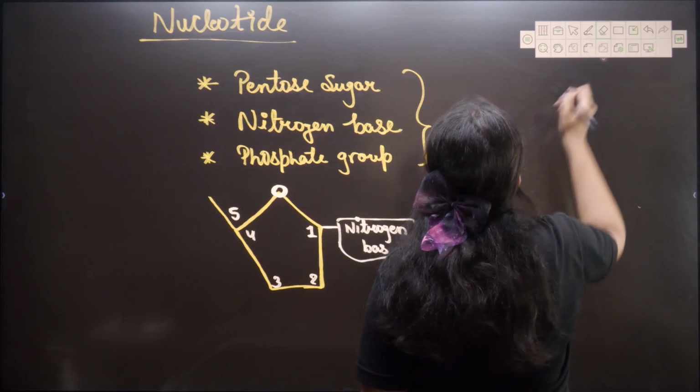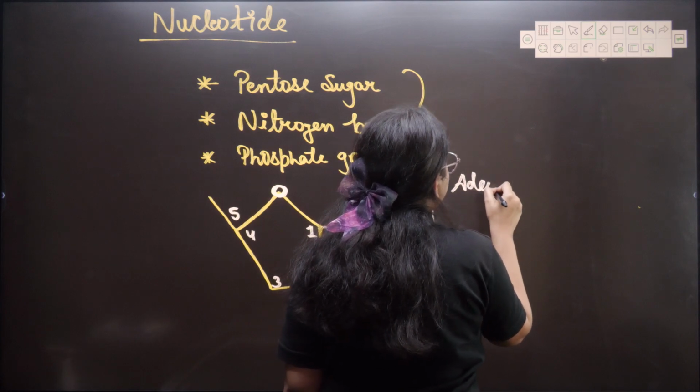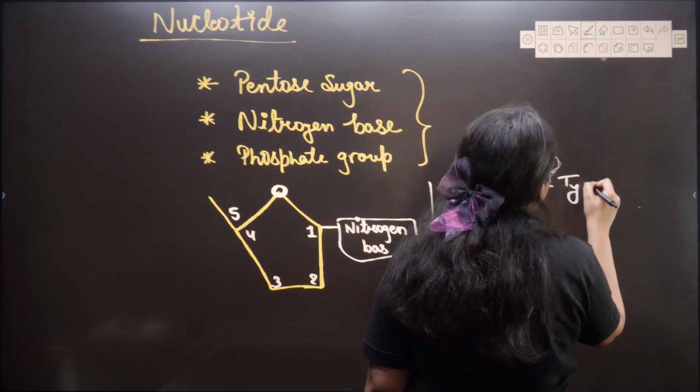Just give me 1 second. Let me write it clearly. Adenine is making a double bond with thymine.